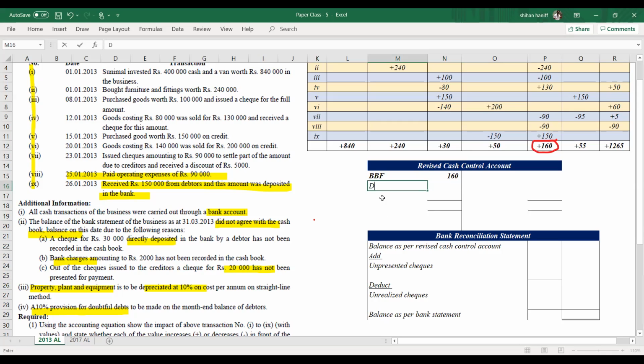So we need to record direct deposit. Direct deposit is 30,000. That will increase the cash balance, or the bank balance in our books. Bank charges will be credited. It's a payment, 2,000.